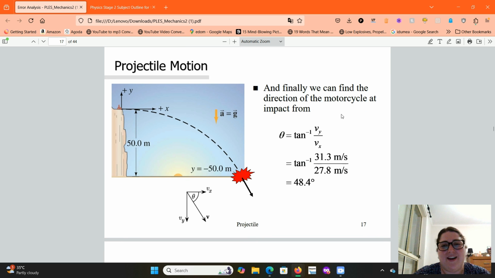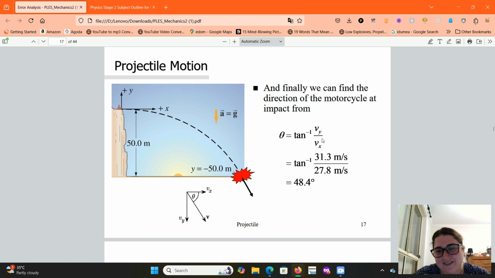And finally, we can find the direction of the motorcycle at impact using trig, where we use tan theta because we have the opposite and the adjacent. We can find this angle here.